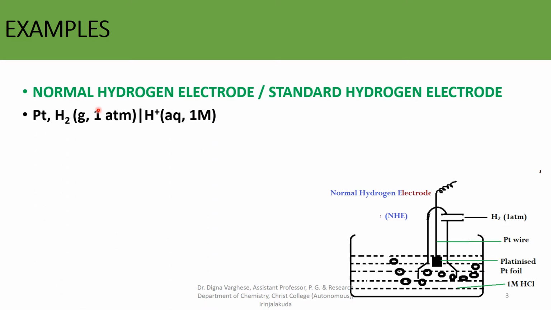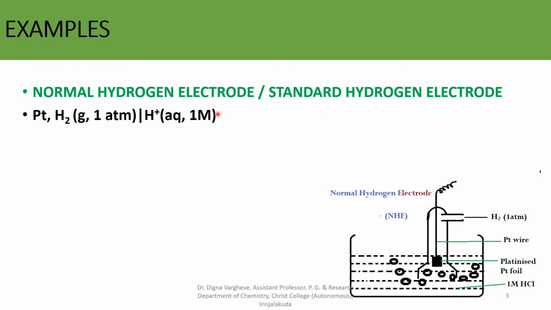The representation of the hydrogen electrode: a platinum wire, which is coupled with a platinized platinum foil, which is kept in 1 molar HCl solution. The hydrogen gas is bubbled throughout at 1 atmospheric pressure. This is the normal hydrogen electrode or standard hydrogen electrode setup.